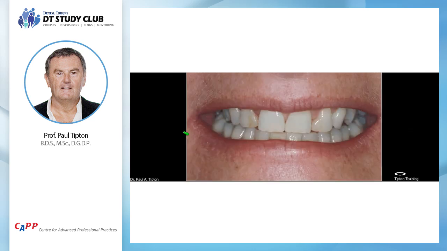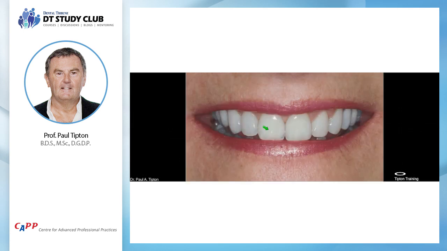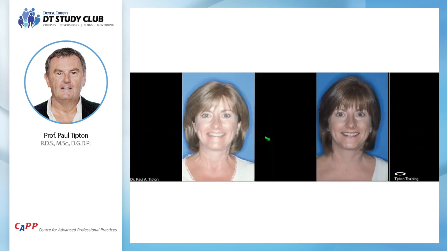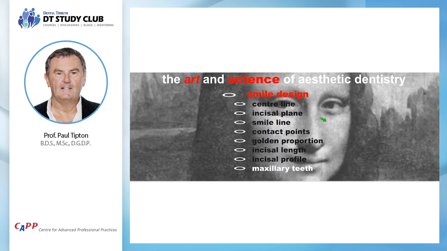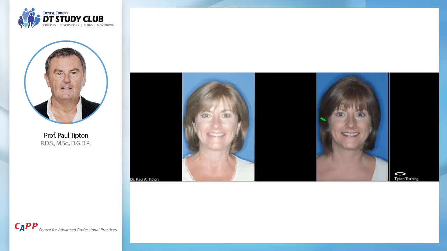We've gone from a very flat appearance, worn teeth, not long enough, to a longer appearance of the teeth, not worn as much, a nice rounded appearance, not too much of a smile line, not too much curvature there, because if there's too much curvature, it looks false. And at the end of the day, we've taken our patient from this appearance to this appearance. She looks younger, she looks as though she's improved her appearance generally.